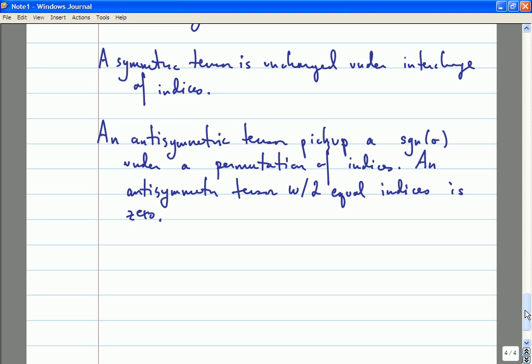Now, I told you that you've already met several of these sorts of tensors in your life, so let me make that completely explicit. For example, the metric of spacetime is an object with two lower indices that is symmetric under the interchange of those indices.